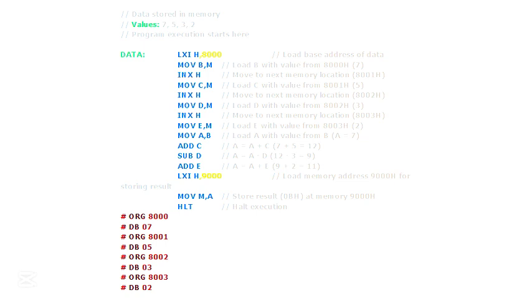Then consistent spacing and formatting. Uniform spacing and neat formatting make your code professional and easy to read. For example, here LXI H, then followed by MOV. As you can see, it has consistent spacing and formatting.